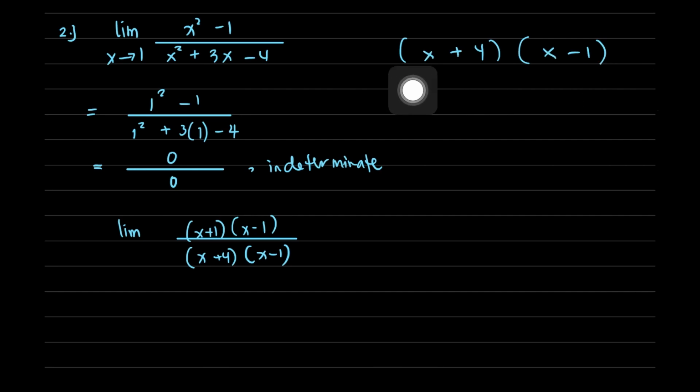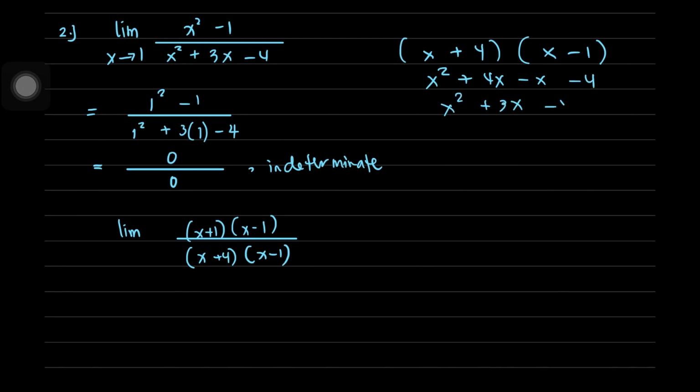If we use the FOIL method and expand this, we have x squared plus 4x minus x minus 4, which is equal to x squared plus 3x minus 4. So this is the factored form of x squared plus 3x minus 4 as x approaches 1.